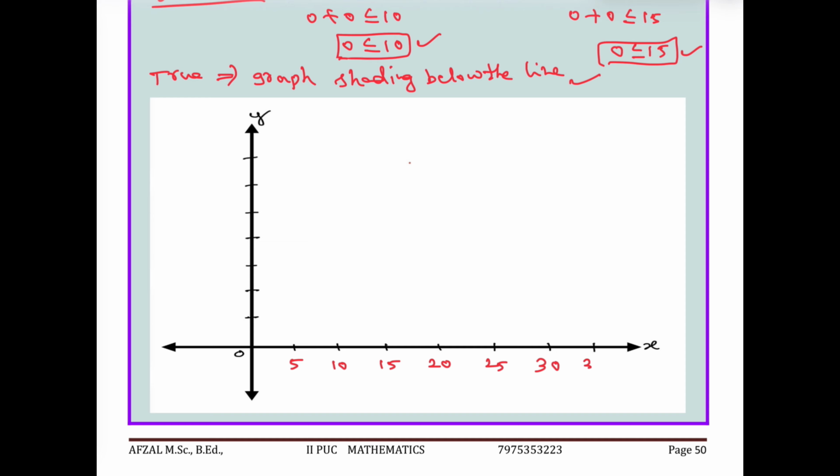Then 2 into A dot B plus B dot C plus C dot A equals, if you transpose 3 that side, minus 3. Therefore A dot B plus B dot C plus C dot A equals minus 3 by 2, to transpose that side, is the answer.